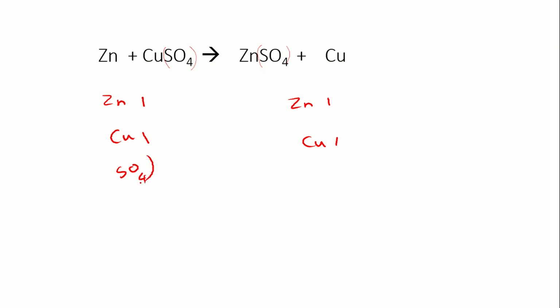And you have sulfate, only 1 group on this end and only 1 group on the other end. So what do you think? This equation looks like it's already balanced. You have all the different types of elements in equal number on both sides.